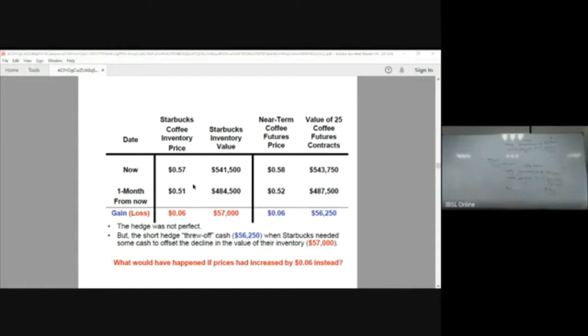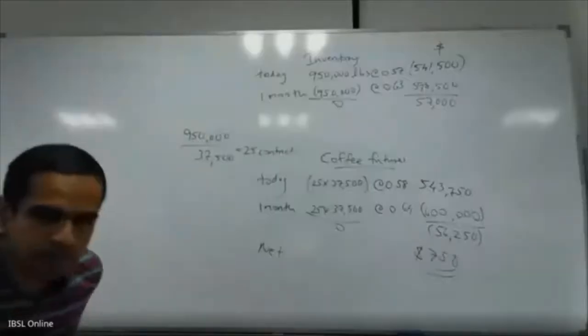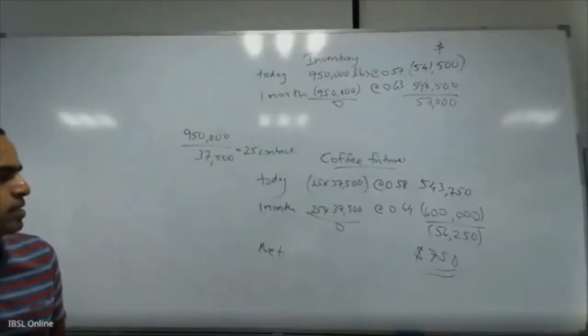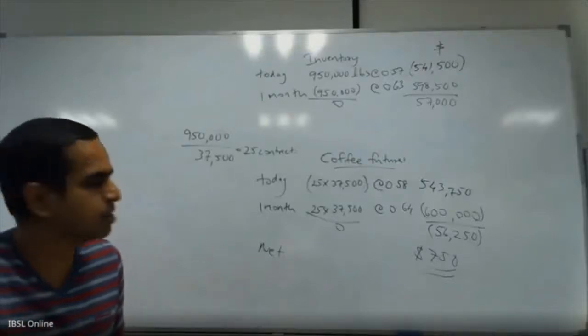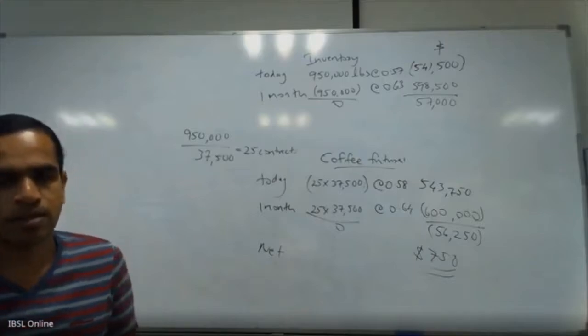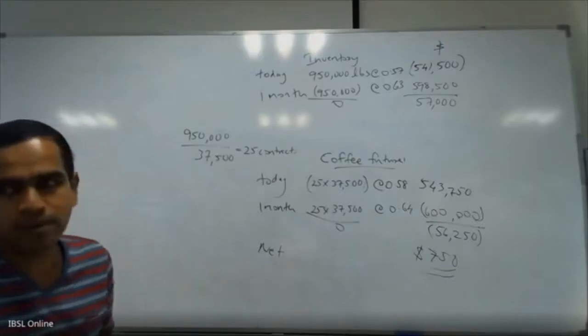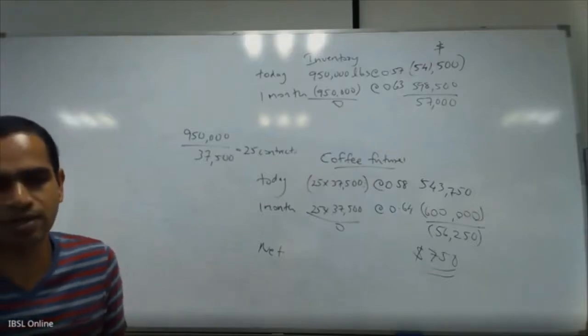If this hedge was not there, they would have made a profit of $57,000. Right? But because of the hedge, they make only a profit of $750. Isn't it? So in this case, the hedge has resulted in them losing some money. They could have made $57,000, but they end up only with $750. By hedging, they have lost money.